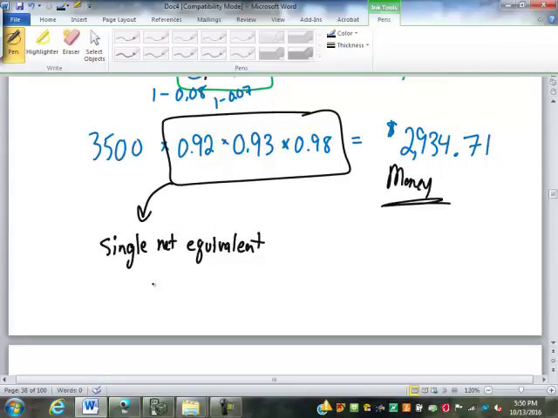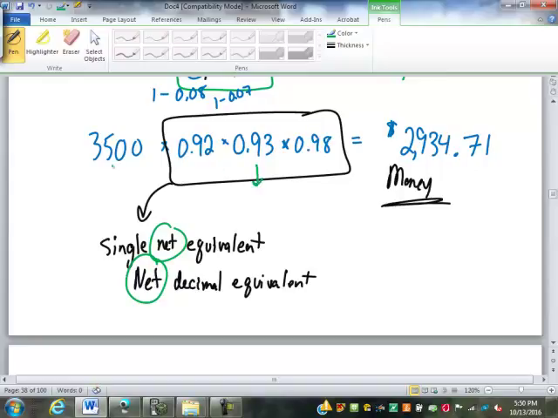Single net equivalent, sometimes called the net price equivalency rate or the net decimal equivalent. So there's dozens of different names depending on what textbook and who you're talking to, but they all mean the same thing, and they all have the same key word, net. They're describing the net price.